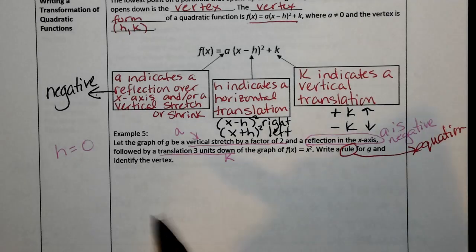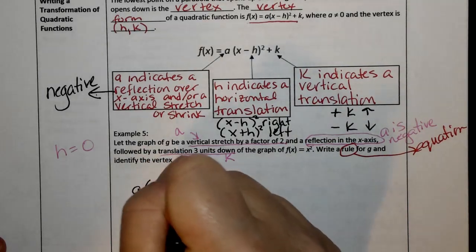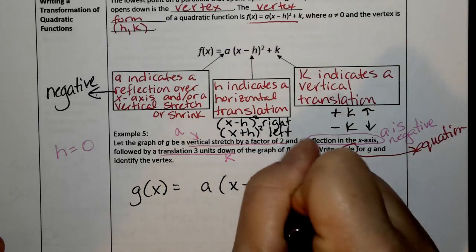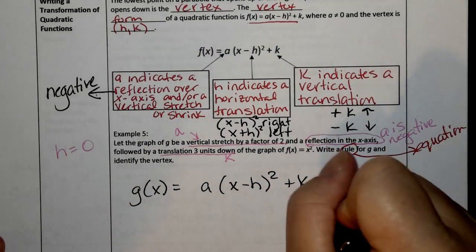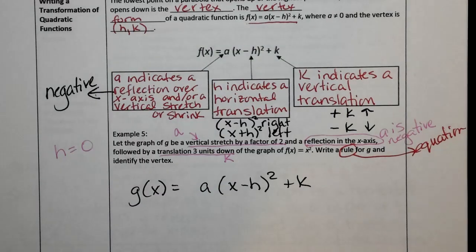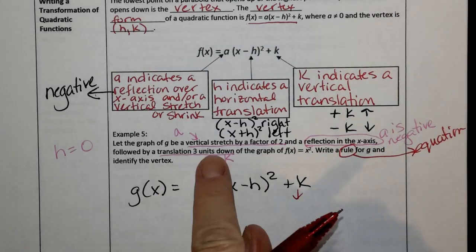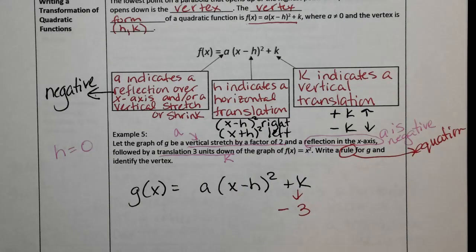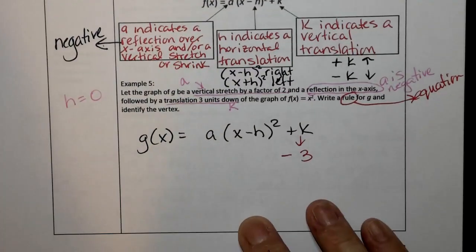So let's take this into our equation. We have g of x equals a times x minus h squared plus k. We said our k value is 3 units down, so minus 3. Let me lift this up just a little bit.